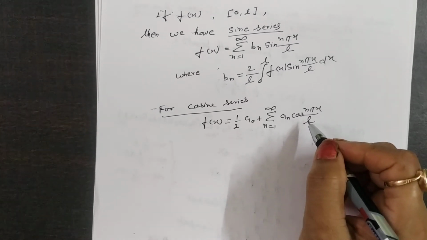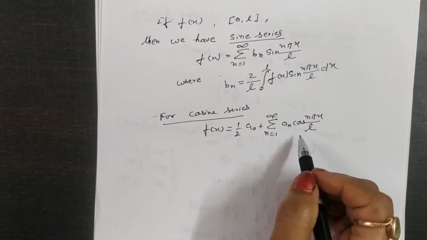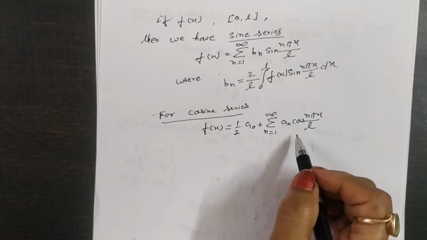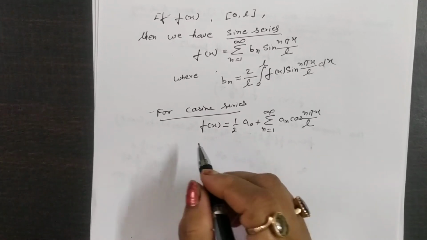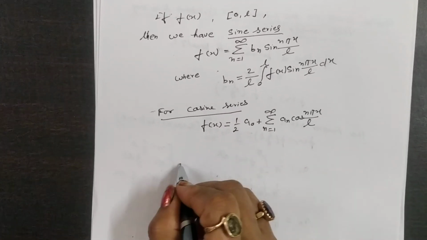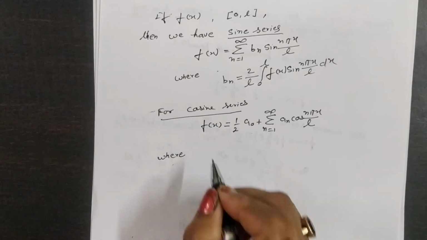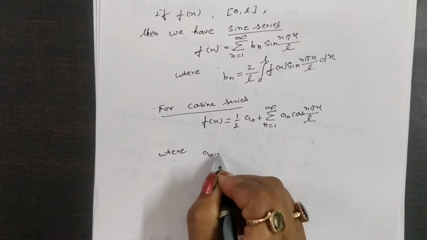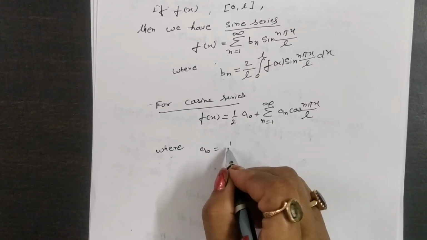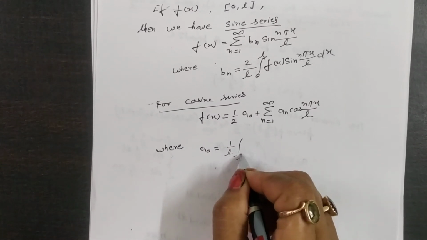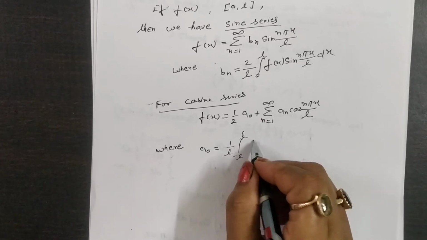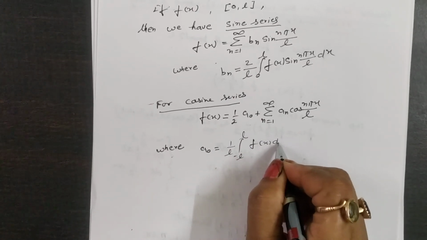And where a0 and an you also know from last time, where a0 is 1 by L, integral minus L to L, f of x dx.